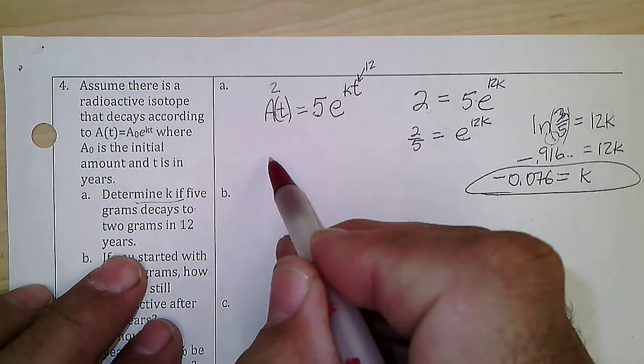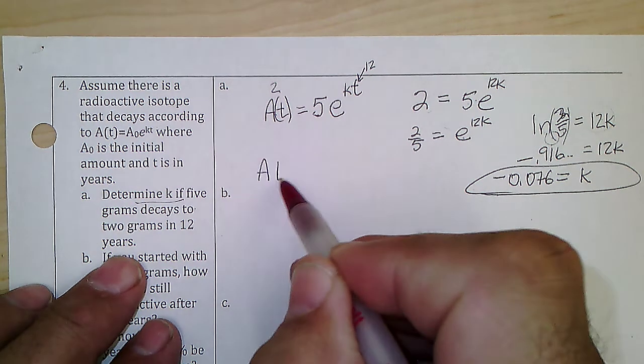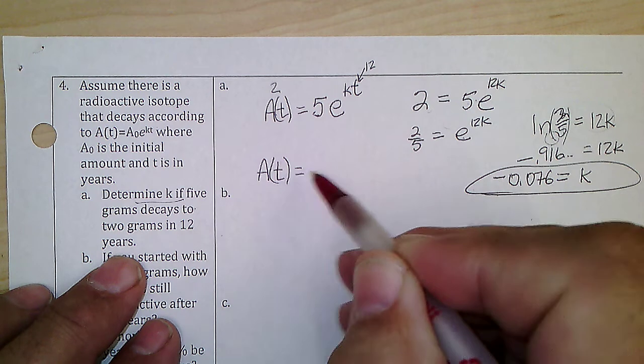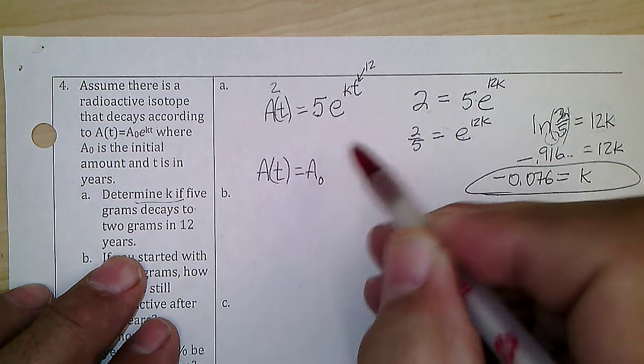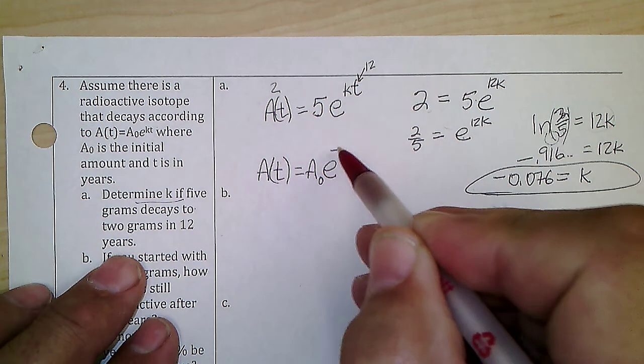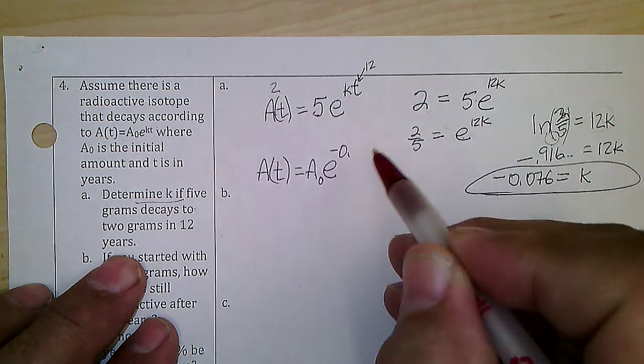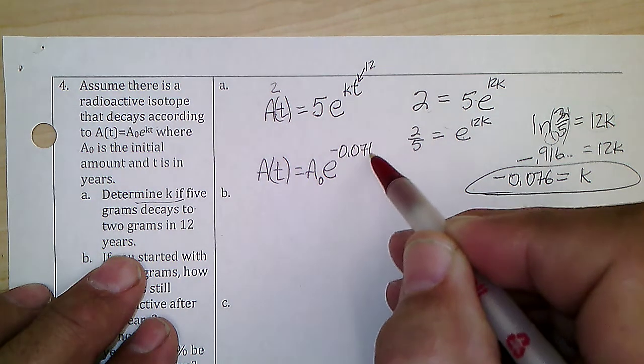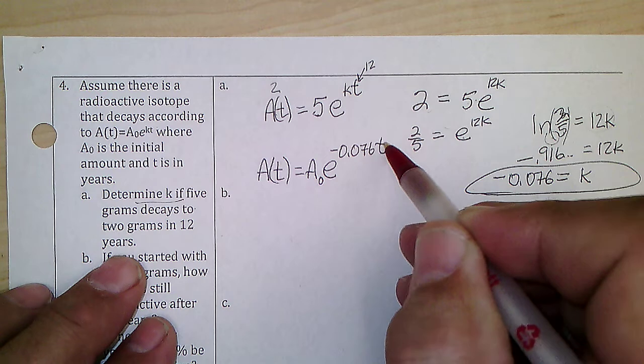So my model will look like the amount after some time will be the starting amount, and if it's the same isotope, it'll be negative 0.076 times however many years.